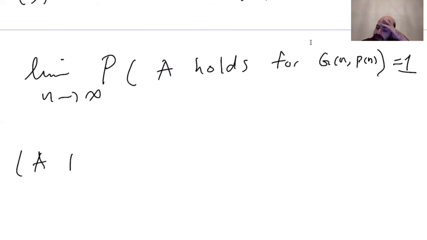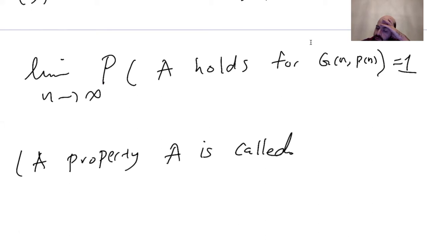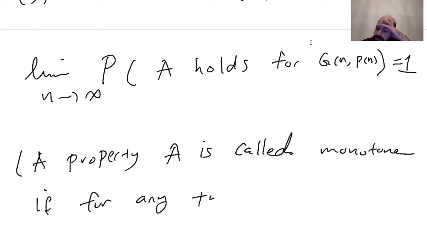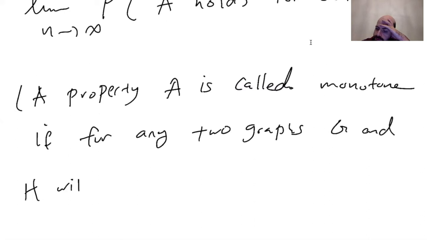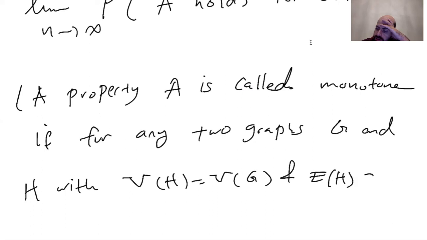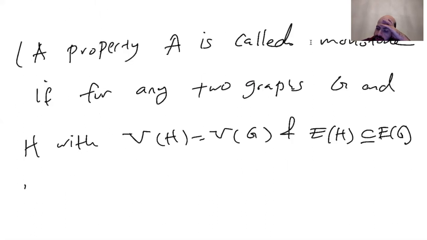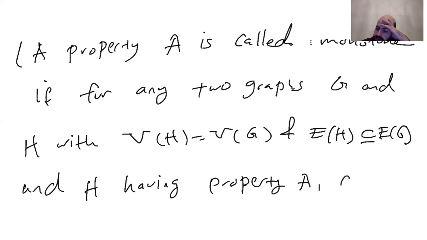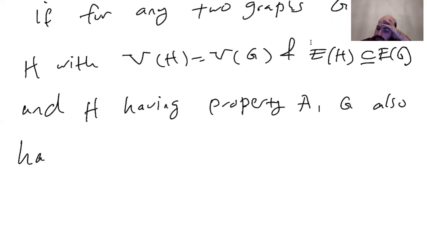A property A is called monotone if for any two graphs G and H with vertices of H equal to vertices of G and edges of H a subset of edges of G, and H having property A, G also has the property.